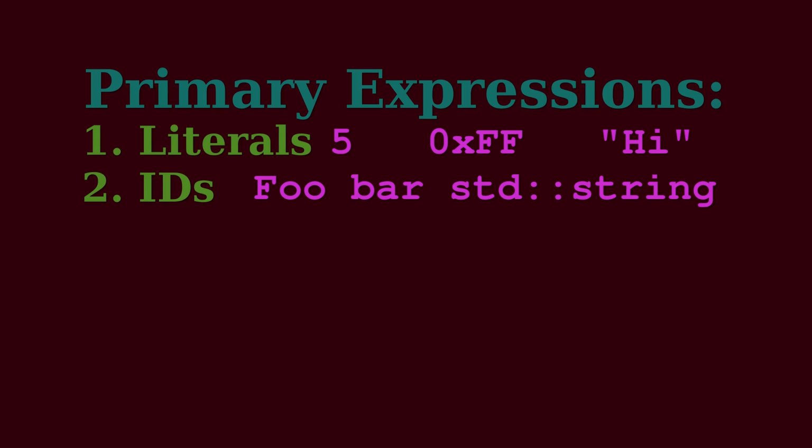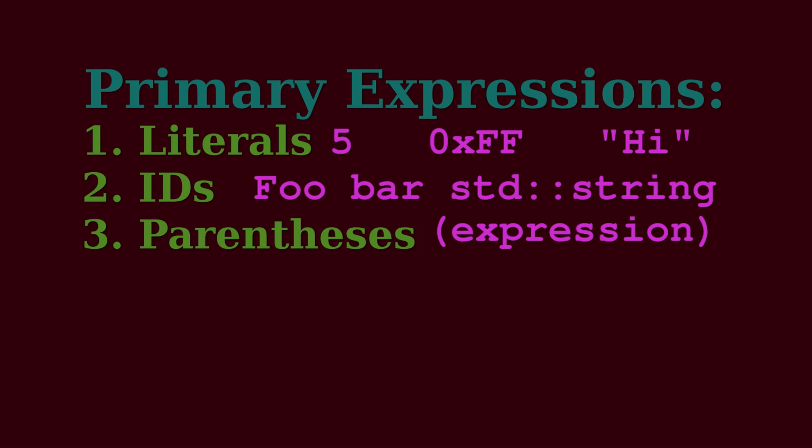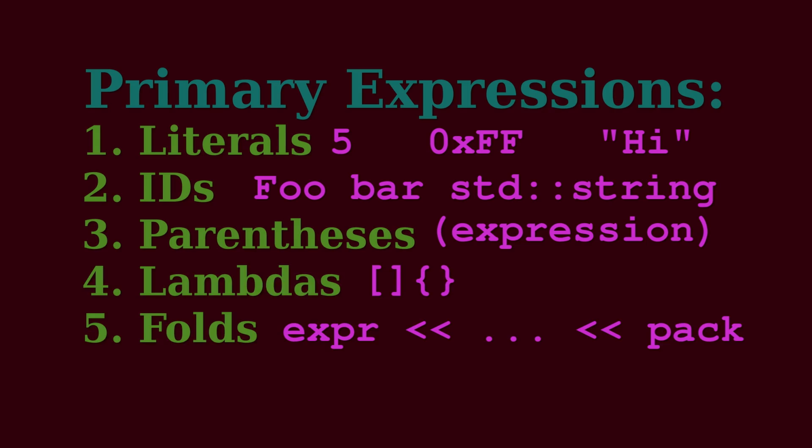As we just saw, literals and IDs are both forms of primary expressions, but there are also parenthesized expressions, lambdas, and fold expressions. Putting parentheses around an expression makes it another expression. The reason that that is made a primary expression is because that is elevated to make it the highest operator precedence there is, so that you can control explicitly exactly how you want a bunch of other expressions to be ordered.